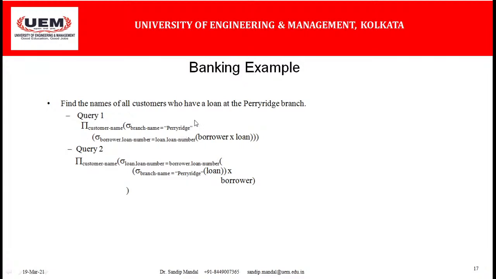Now that is who have a loan at the Perryridge branch. So select the branch name Perryridge, and within that the relation is the borrower and the loan table, Cartesian product, whose loan number is matching. Select those tuples, then filter them by the Perryridge branch, then it is sent to project. Okay, so that is query 1 and that is query 2. Both are the same in the sense that both results are the same. You may use them in different scenarios. Okay.